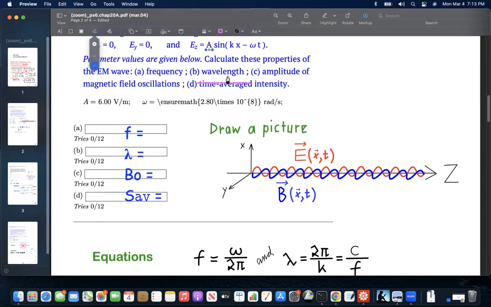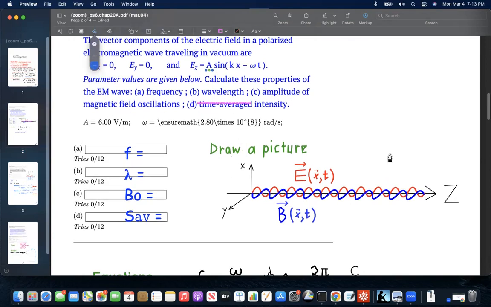So in all problems, we start by drawing a picture. So here's a picture. The wave is traveling in the x direction. So that's the x-axis. The electric field is oscillating in the z direction.